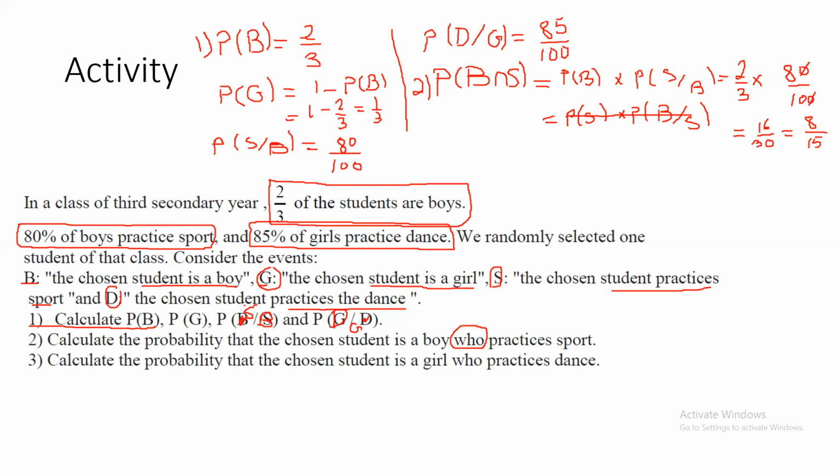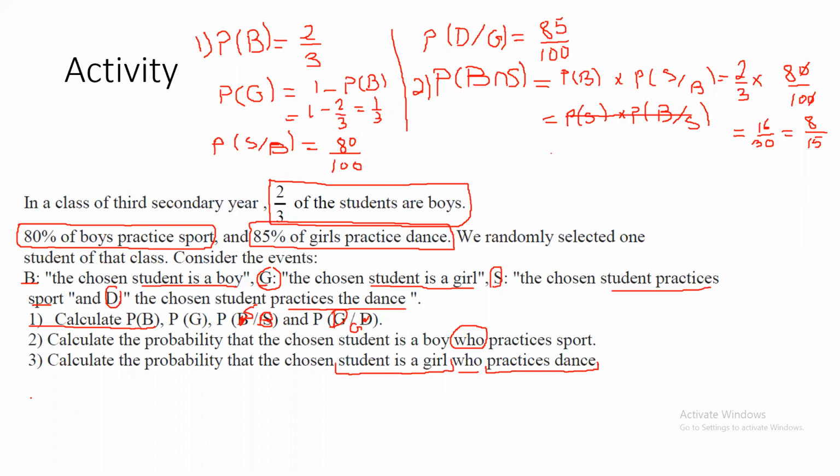Last part, part 3. Calculate the probability that the chosen student is a girl who practices dance.